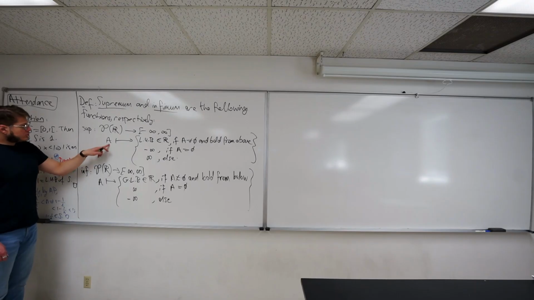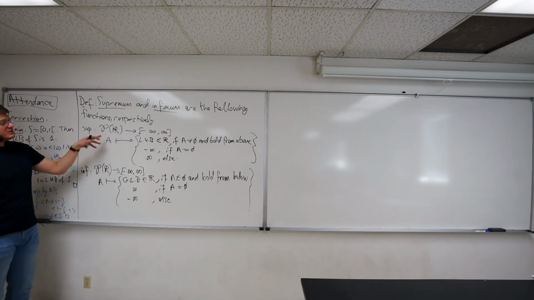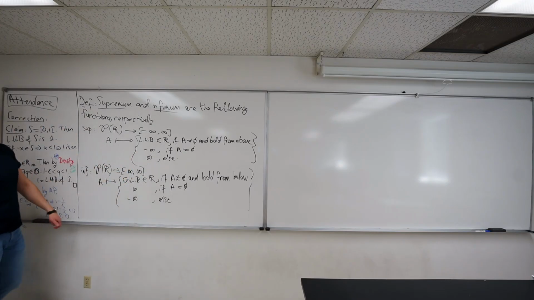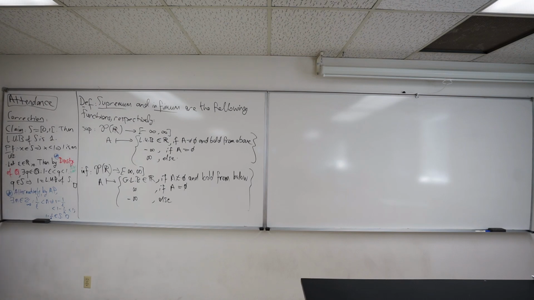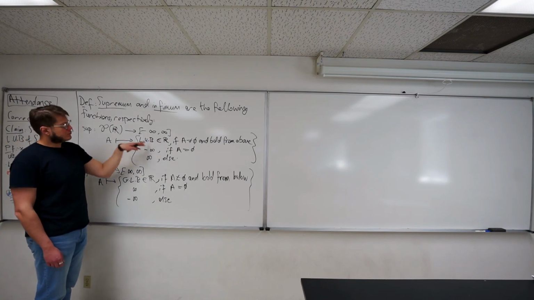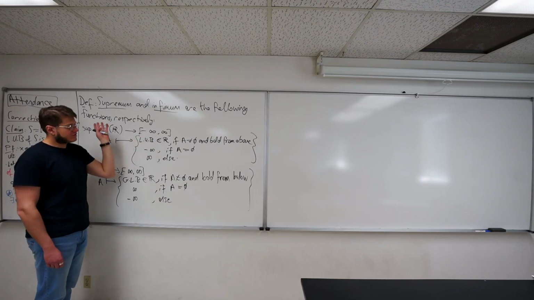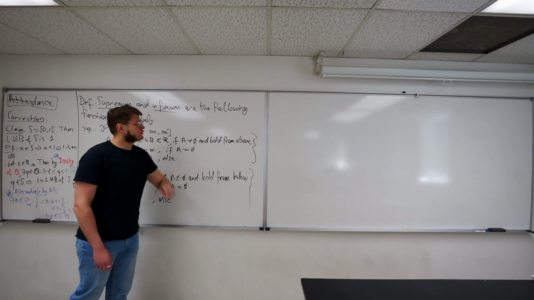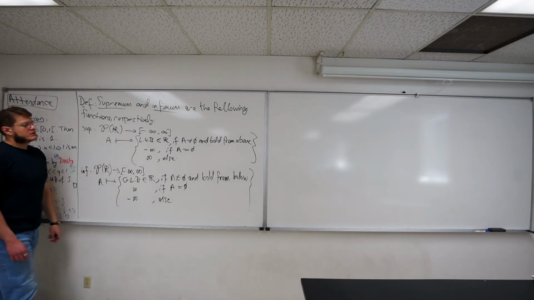And so you take a set, you take a subset of real numbers, and then depending on the nature of A, you have a piecewise defined formula. So sup of A is the least upper bound of A in reals, right? It's a real number, if A is non-empty and it is bounded from above. Okay.